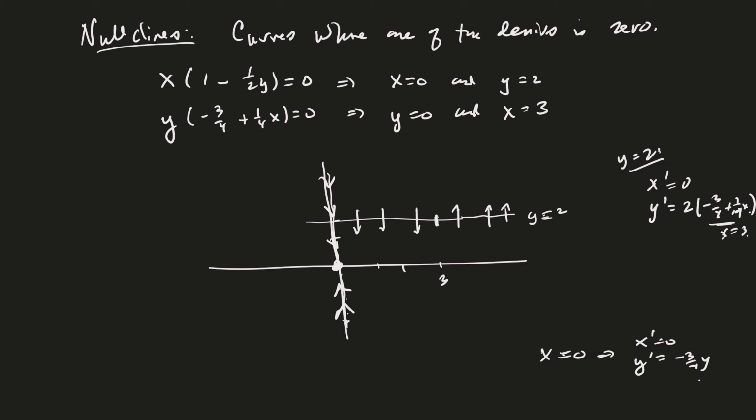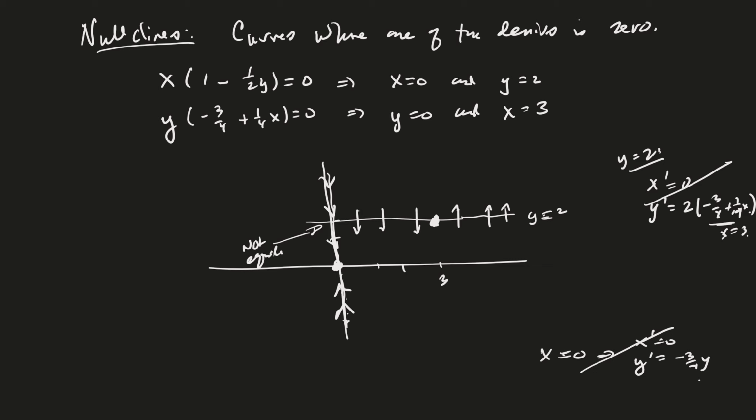And so at the point (3, 2), we're not going anywhere, right? Good. By the way, is this point right here, x equals 0 and y equals 2, is that an equilibrium? No, that's not an equilibrium, right? Because those values only make x prime 0, they don't make y prime equal to 0. Good.